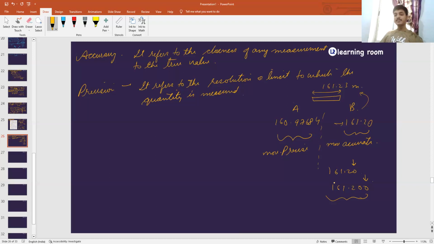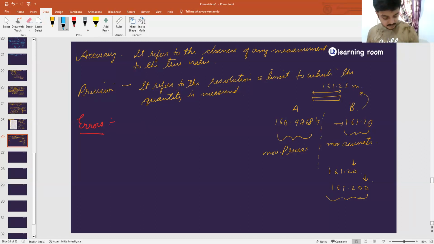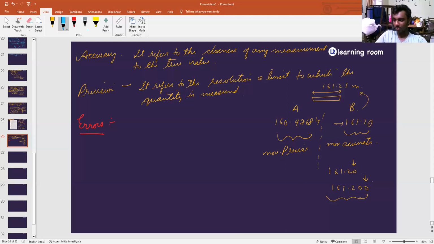Shall we move on? Good. So next we are starting with errors. Sir, isn't errors deleted this time? Because my school just told us to ignore errors.